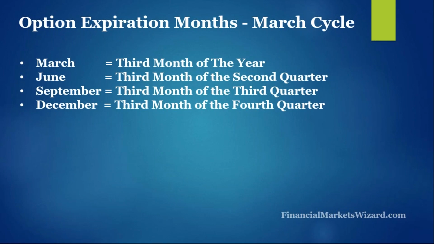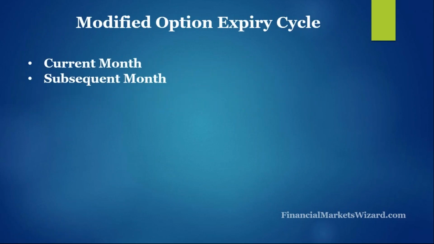If stock A starts trading options tomorrow, they will randomly choose the cycle out of those 3: January, February, March. Once they decide which cycle they will assign, then by looking at this chart, you can tell what months they will assign to this stock.